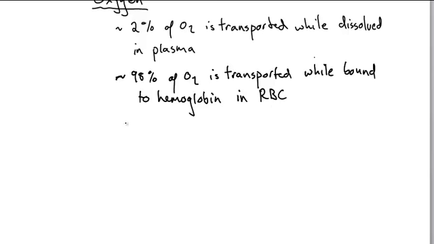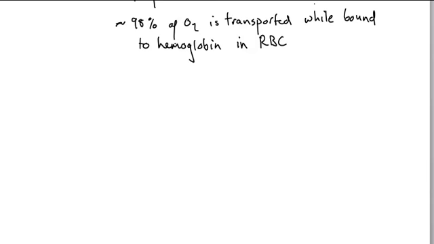That little 2% is very vital though, because it's what's going to sort of pull our reactions one direction or the other. So that 98%, just to note, because we're going to be talking about this a lot, hemoglobin is abbreviated H, big H, little b, okay?